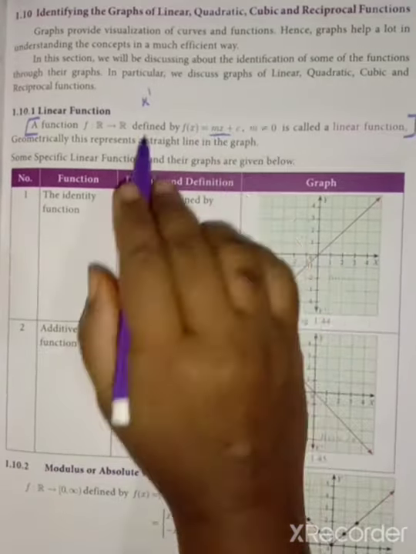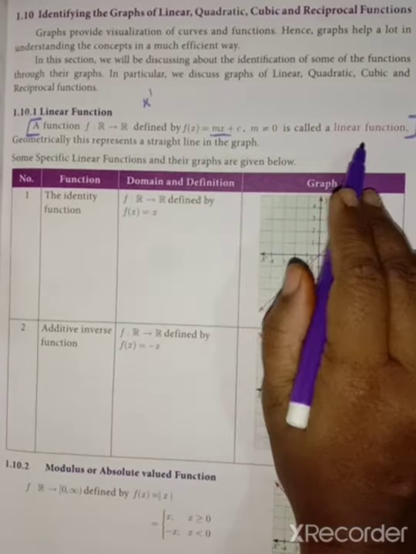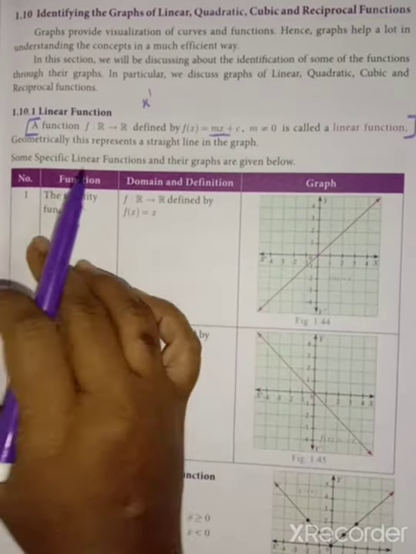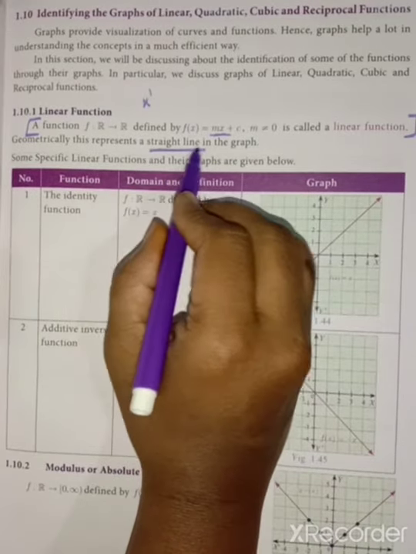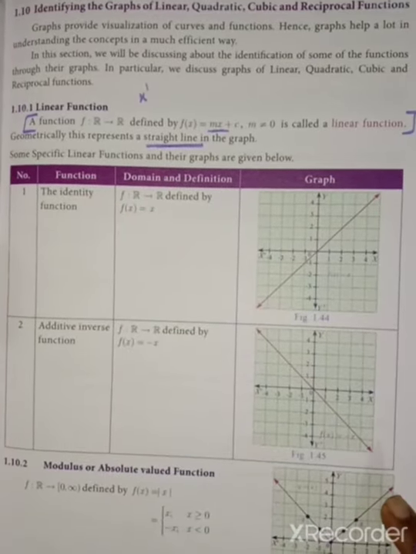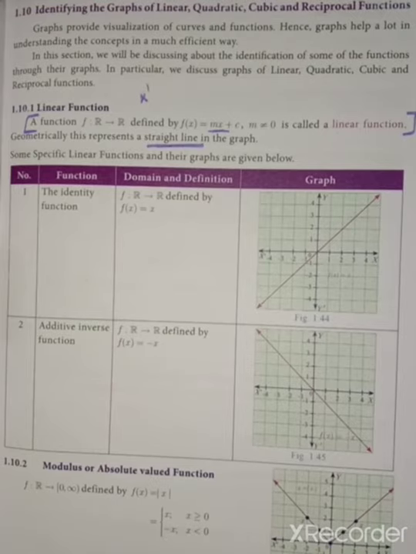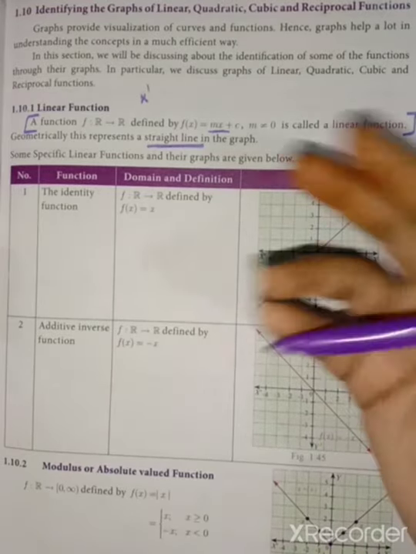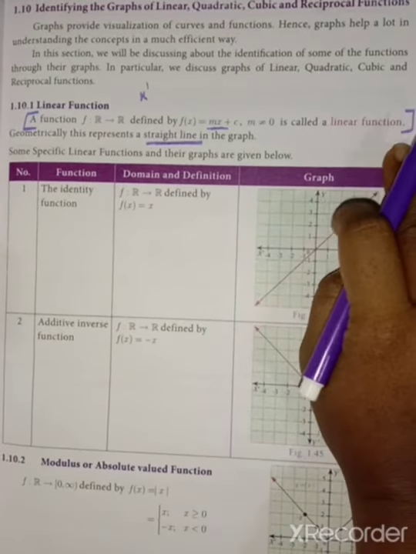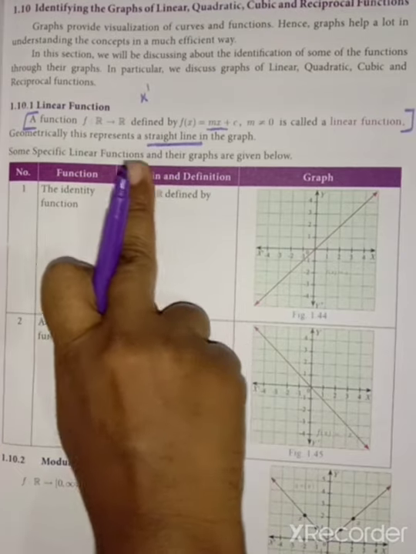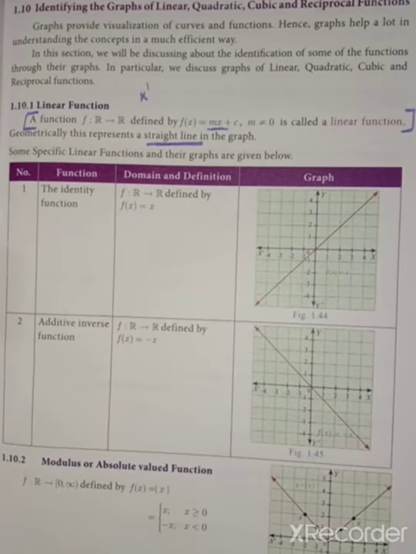If you have this, that is a linear function. This linear function represents a straight line in the graph. So here in total we have two points: one definition of linear function, and also that it is represented as a straight line.